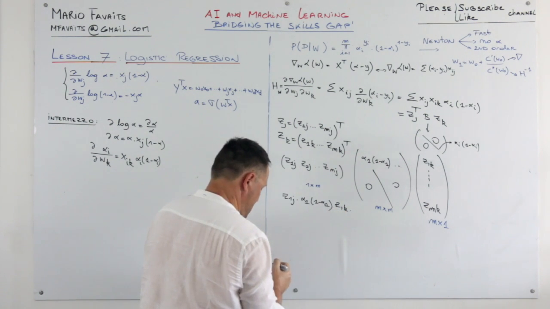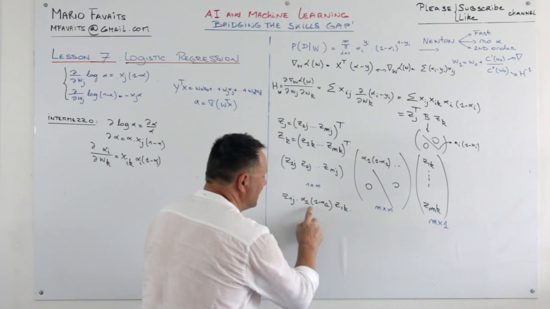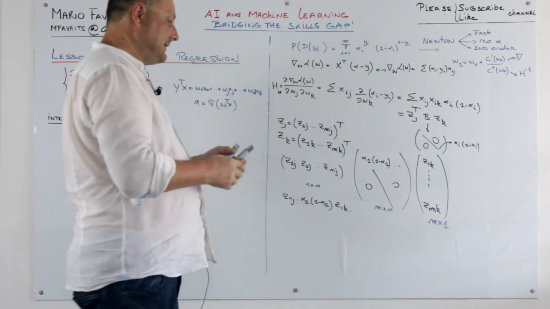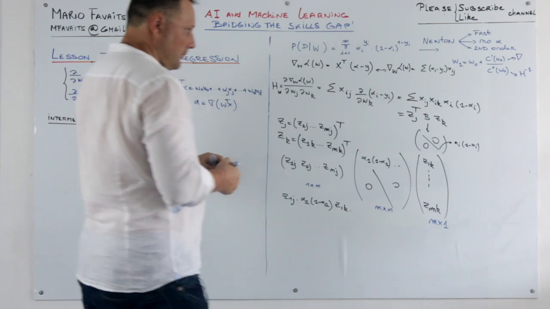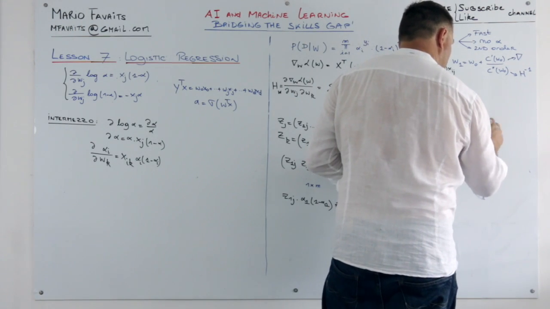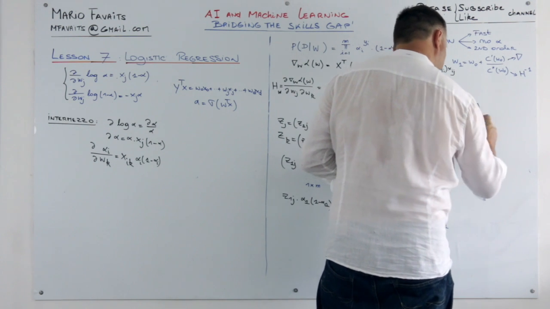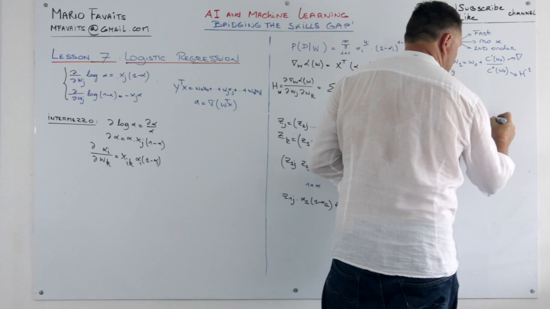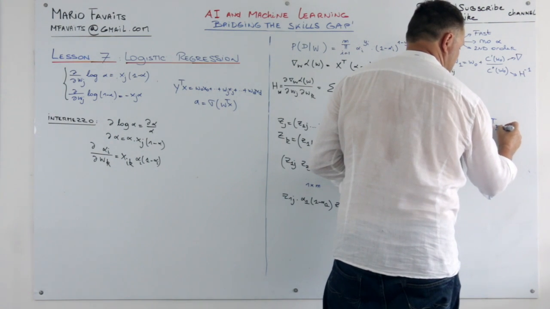So you see the similarity between this one and this one. So indeed, we can write this in vector form. So the Hessian equals x transpose B times x.